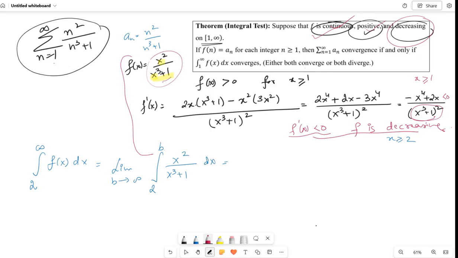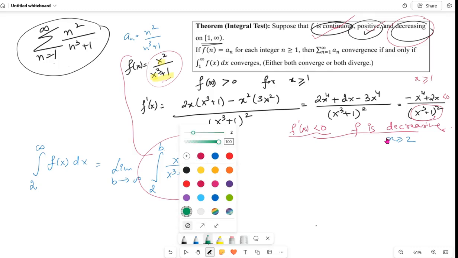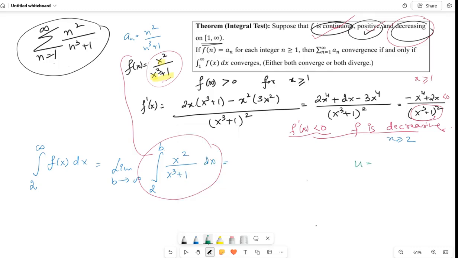How are we going to do this integral here? If you notice, the derivative of the denominator is kind of sitting above. So I'm going to use substitution. So u is equal to x cubed plus 1, du would be what? 3x squared dx. So x squared dx is du by 3.